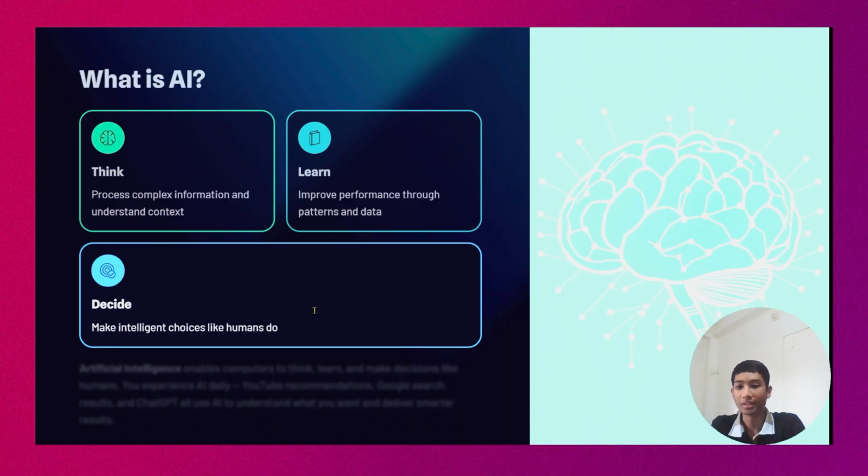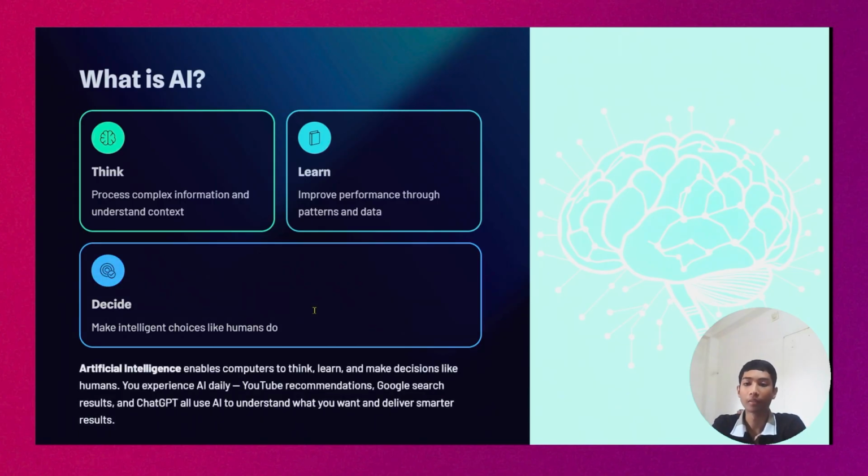Also, it could decide. It means it could take decisions. It makes intelligent choices like humans do. Artificial intelligence enables computers to think, learn, and make decisions like humans. Your daily experiences, YouTube recommendations, Google search results, and ChatGPT all use AI to understand what you want and deliver smarter results.